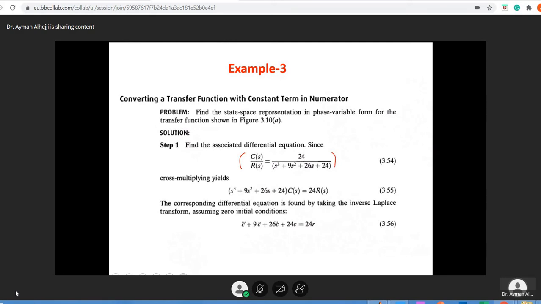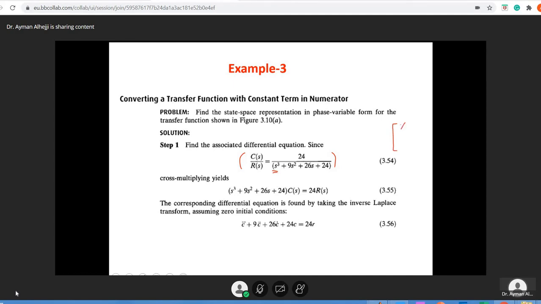Okay, but we cannot measure the behavior of each state. I know it's a third order system because of S power 3. So S power 3 means immediately I will have 3 state variables.